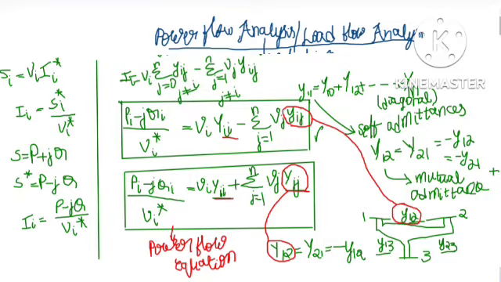That is, that small yij and negative together gives capital Yij. This is equal to Pi minus jQi divided by Vi conjugate.